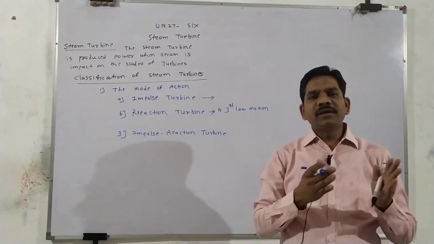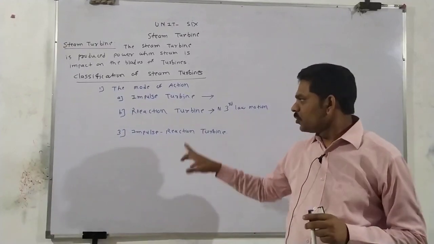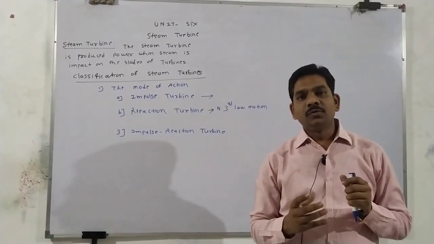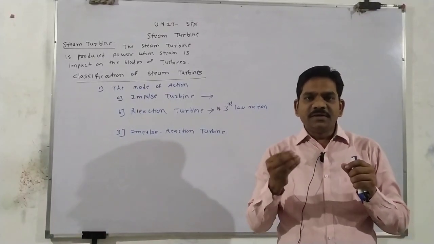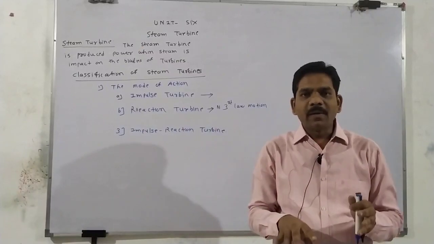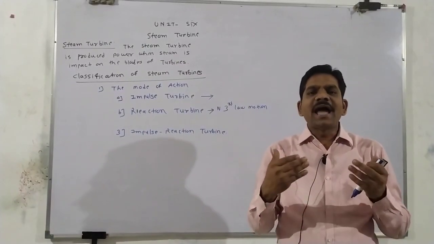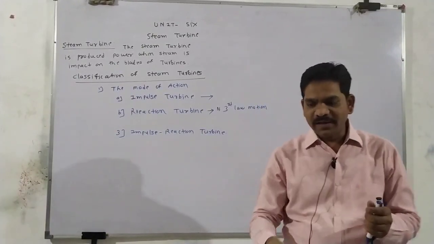Because we know Newton's third law of motion: every action has an equal and opposite reaction. So in reaction turbines a reaction occurs. Whenever the steam passes through a reaction turbine, the steam is accelerated. Due to the acceleration, a change of pressure occurs in the turbine.